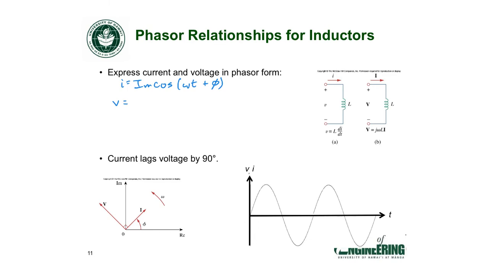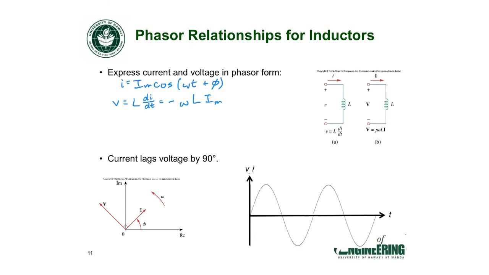Voltage across the inductor, we're not using Ohm's law anymore. What's the equation? V equals L di dt. So this is going to be negative omega times L times that.